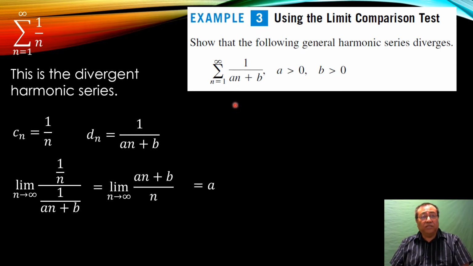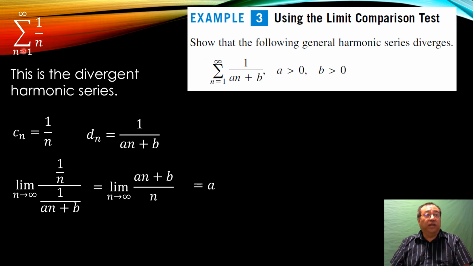The limit comparison test says once you've taken the limit, the two series behave the same way. We know that the harmonic series diverges. That means this generic harmonic series also diverges. They behave the same way. If one diverges, the other diverges. If one converges, the other converges.